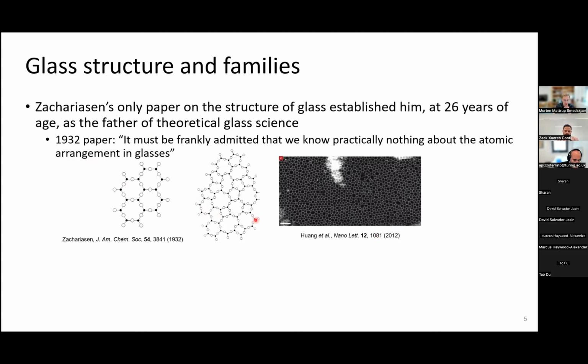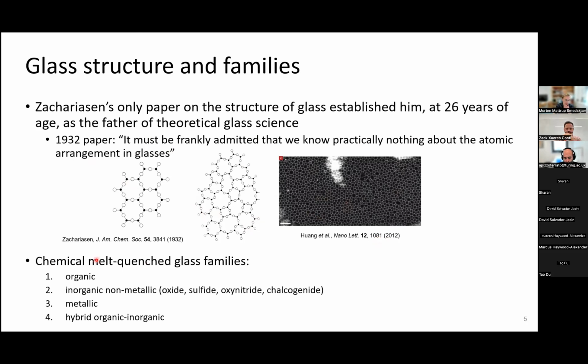This is a TEM image of a 2D film of silica, amorphous silica, glassy silica. As I said, glass is a state of matter, so we can find glasses across a variety of different chemical families: organic, inorganic, non-metallic, metallic, and some hybrids.